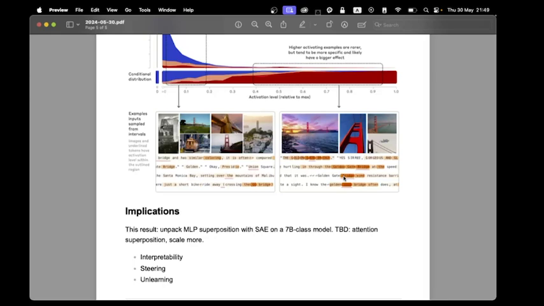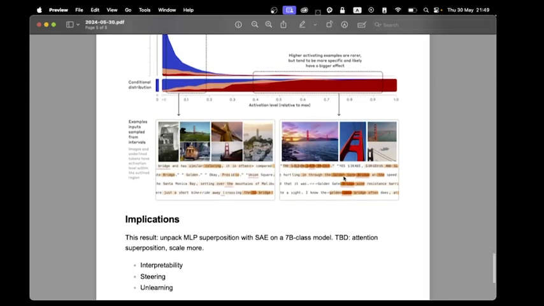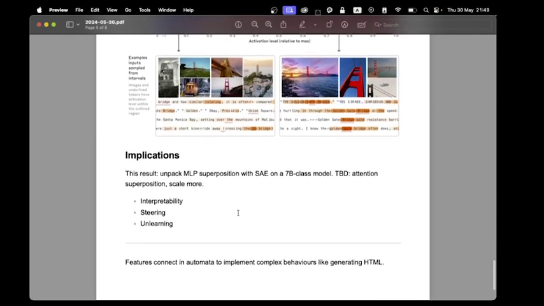The latest result is basically an application of the techniques developed previously to a GPT-3 class model, a 7B class model. The article is long because they do a large scale evaluation and look at a lot of examples, but they don't actually introduce many novel techniques.